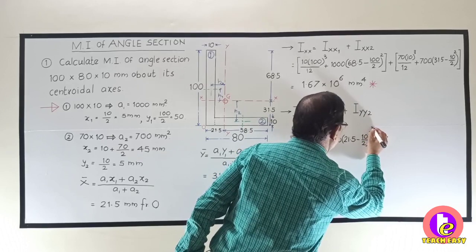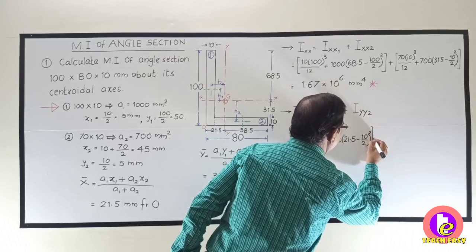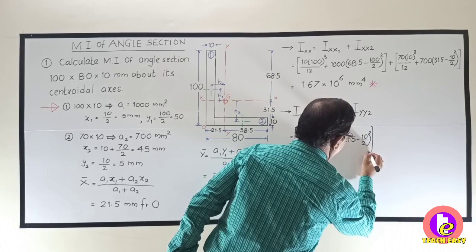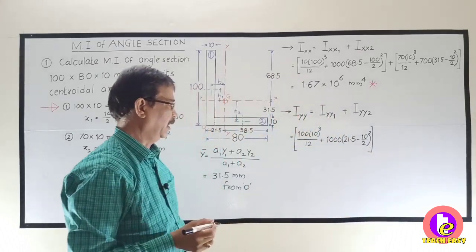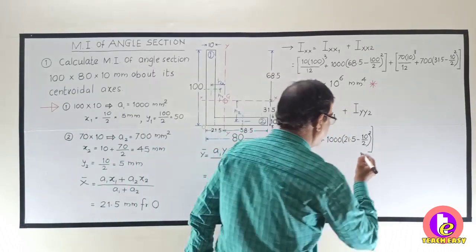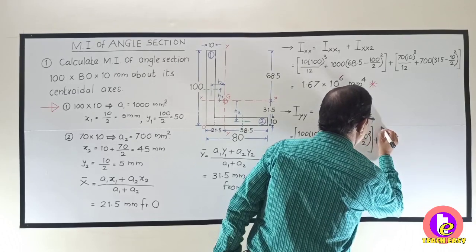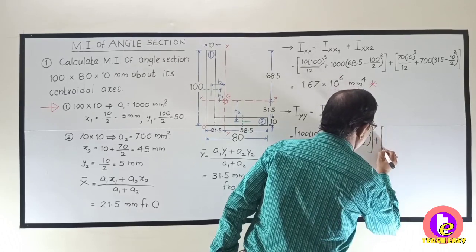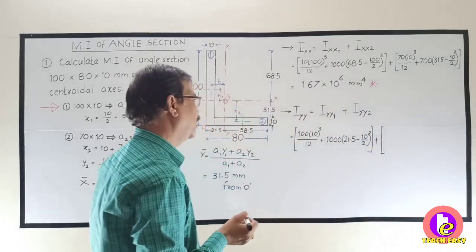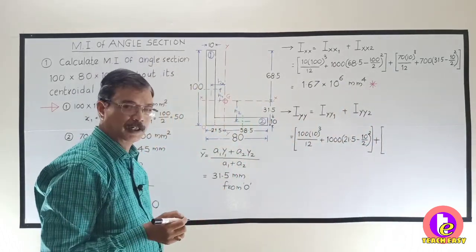This is very important. Many a times while calculating H, we forget to make it square, plus IYY2, that is IYY for the second part.